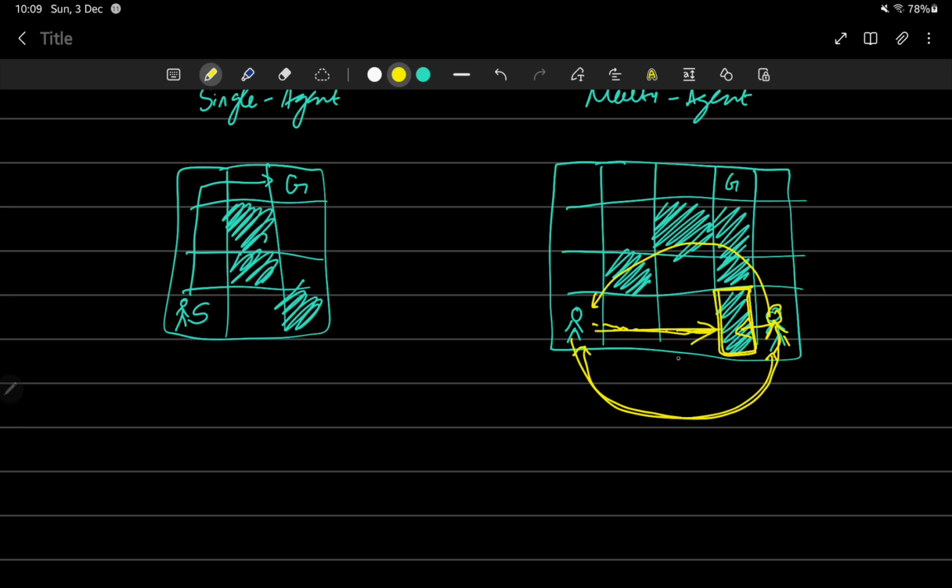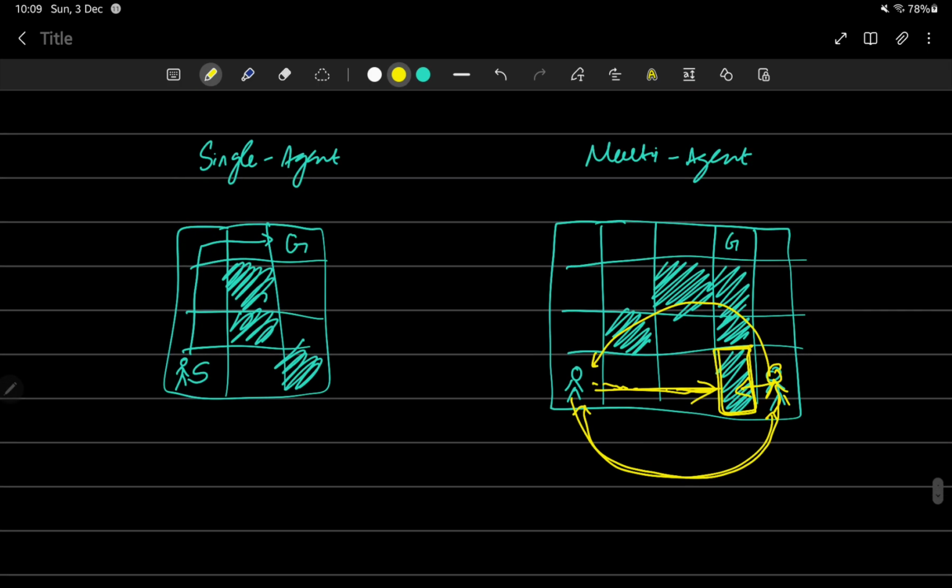Now it will not take this path because it knows it has a wall, so it won't waste these moves. Then it will do the same about here, here, here, right? So they can work together to reach this goal state. So this is a multi-agent environment, right?